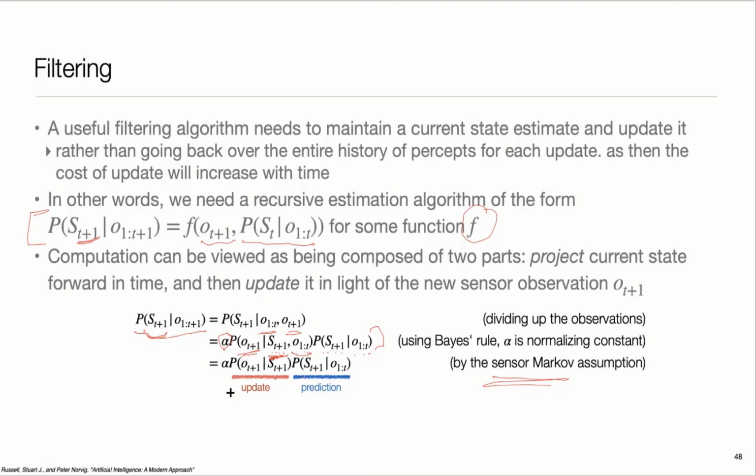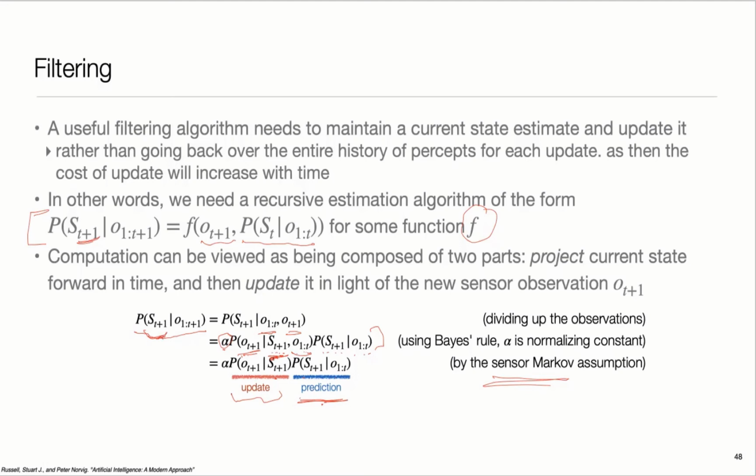And now if you look at it, this is an update term, and the second term, this prediction term, is just a prediction at the preceding time step. So now I have my recursive equation, which is, given the prediction at one time step, I can come up with the prediction at the next time step, given the observation at the new time step.